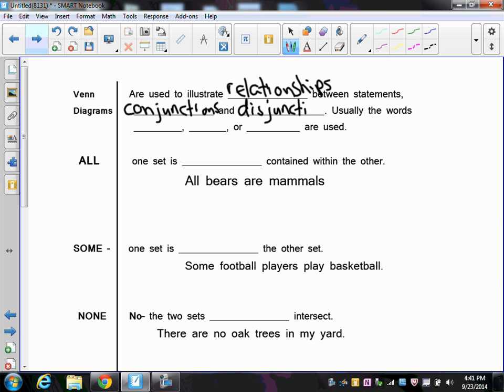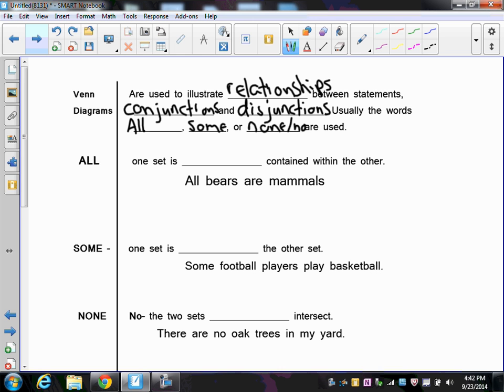So remember, conjunctions dealt with and, disjunctions or. Usually the words all, some, or none, sometimes no, are used with Venn diagrams.